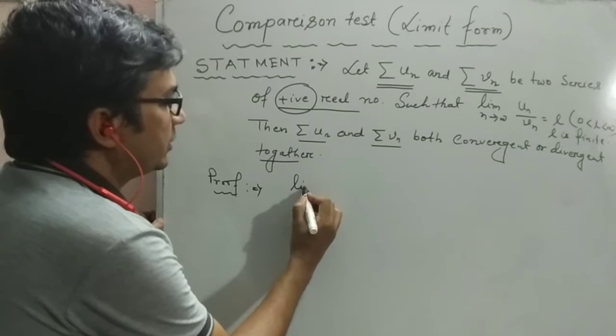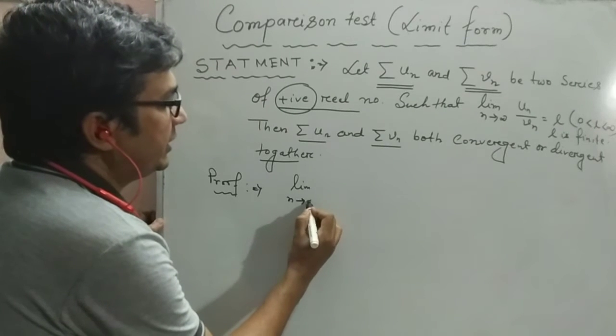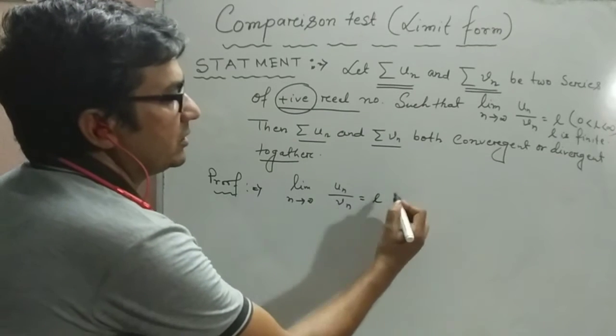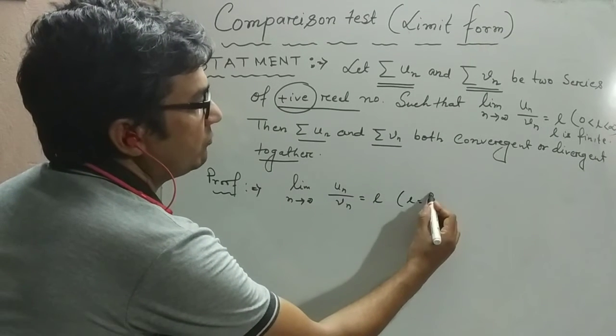Here, limit n tends to infinity un by vn equal to L, where L is finite.